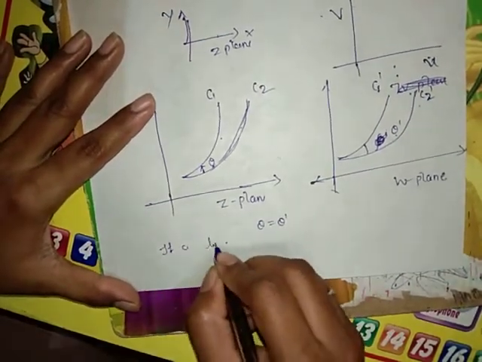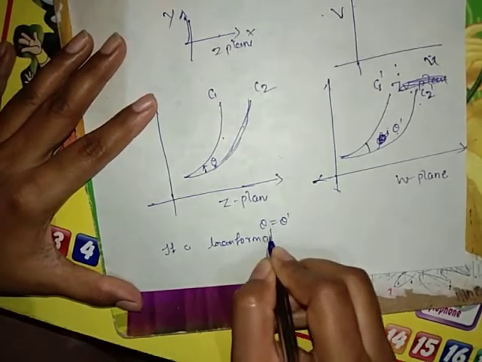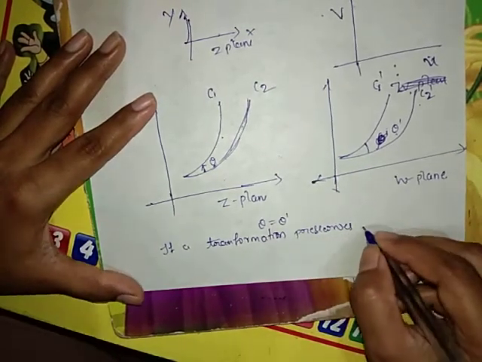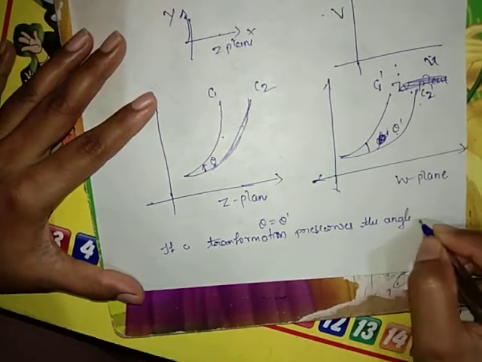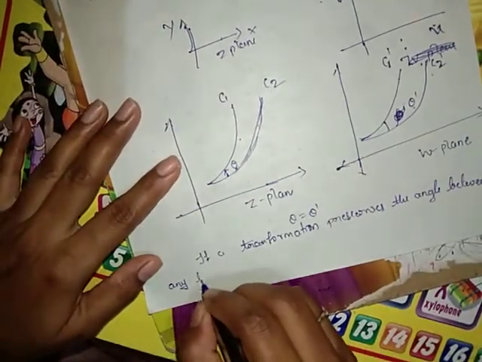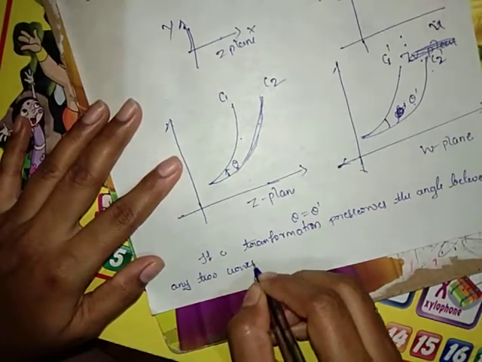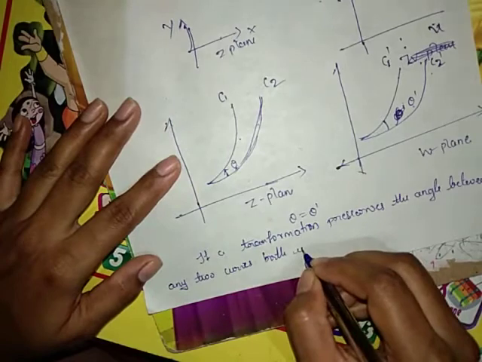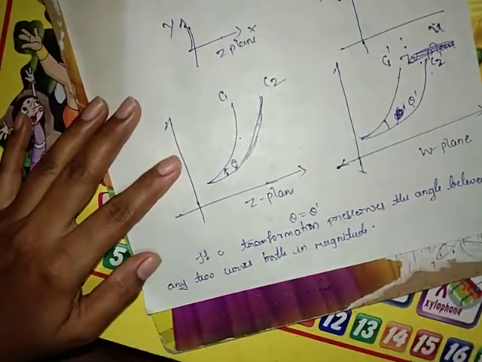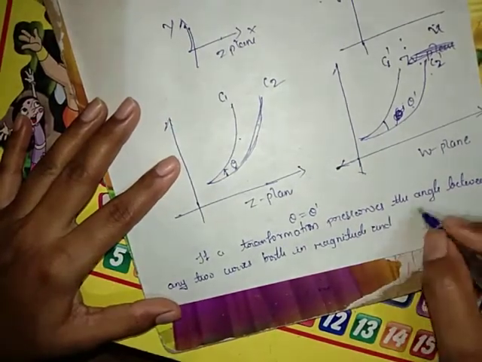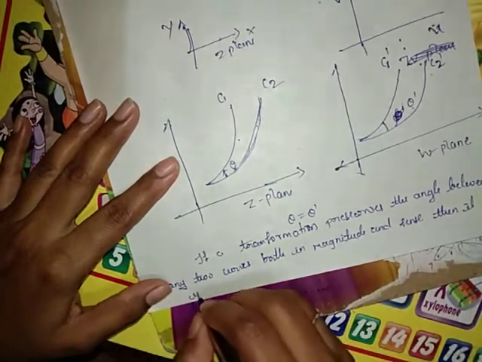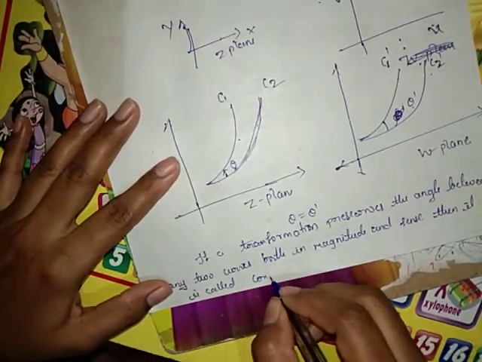If a transformation preserves the angle between any two curves, both in magnitude and direction, which is also called the sense, then it is called a conformal transformation.